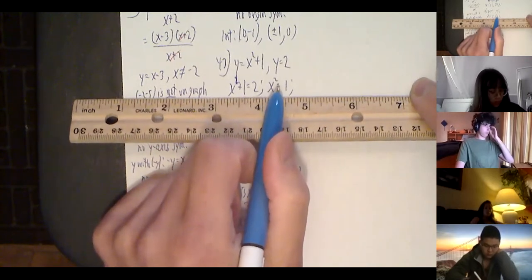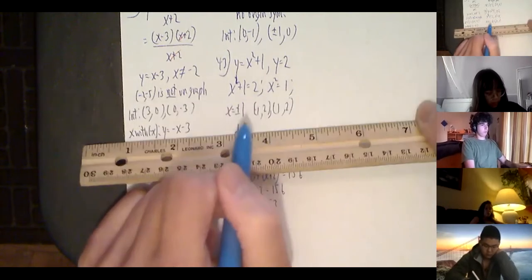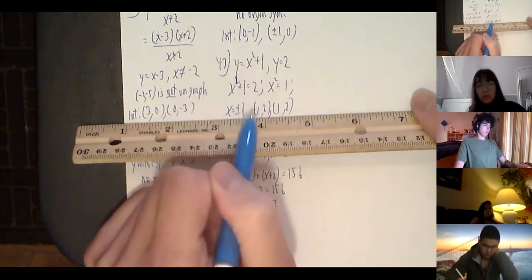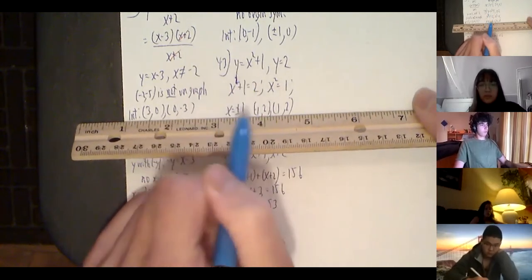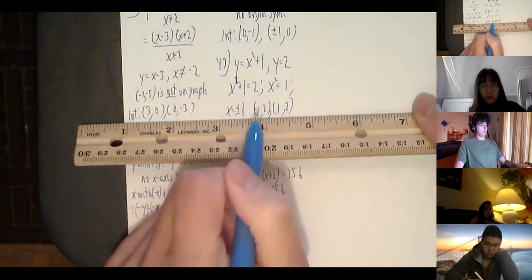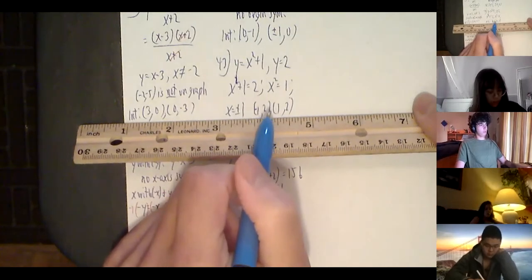By the square root property, x equals plus or minus 1. If I plug back in, I get y is equal to 2. So the 2 points are negative 1, 2, and 1, 2.